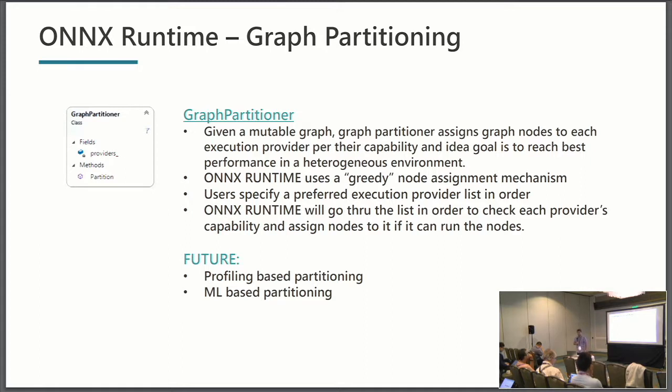It uses a specific preferred execution provider list in order. ONNX Runtime will go through the list in order to check each provider's capability and assign nodes to it if it can run on that node. In the future, we plan to improve this part by using profiling-based partitioning or machine learning-based partitioning.